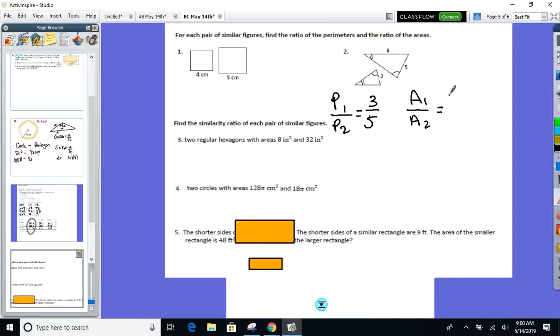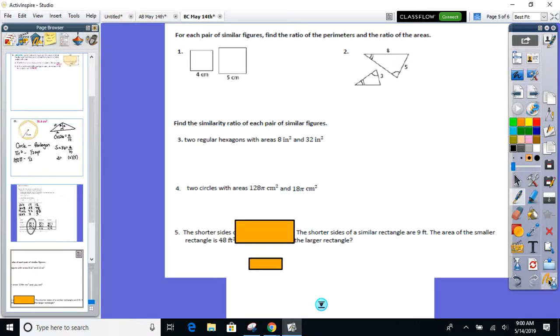How'd you get it, Connor? 3 squared and 5 squared. So I got 9 over 25. Questions there? All right, now we're actually going to use these ratios to find the actual perimeters and areas. Actually, in a second, not right now. Sorry.